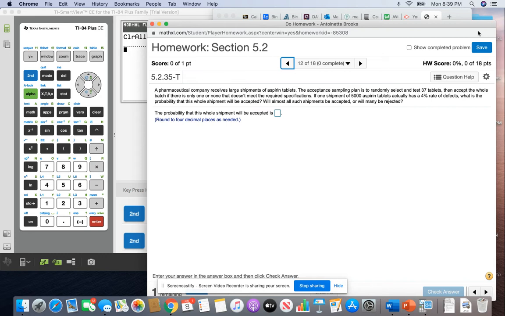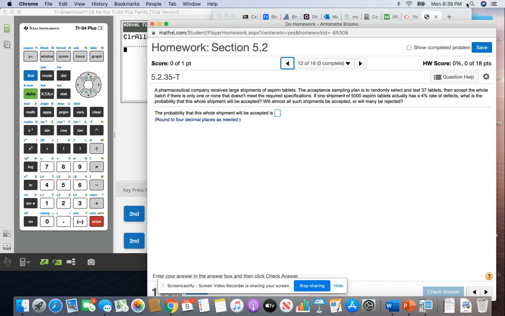Now, what are the conditions that the whole shipment will be accepted? The condition is if we test these 37 pills that have a defective rate and only zero or one of the pills is defective.